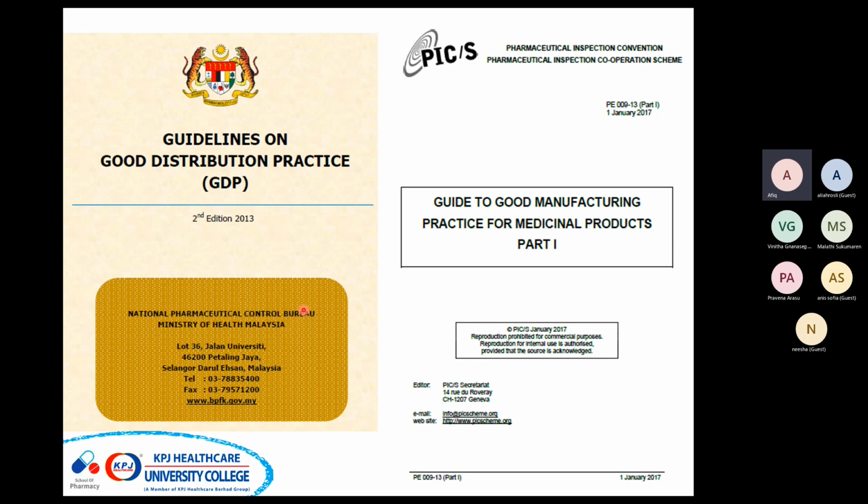So now instead of bureau, it is now an agency. And this is the PIC just now, or PICS, Pharmaceutical Inspection Convention and Pharmaceutical Inspection Cooperation Scheme, whereby they also have a specific guide to good manufacturing practice for medicinal product, which is for pharmaceutical products. So these are the two references that we use when we talk about GDP. Okay.